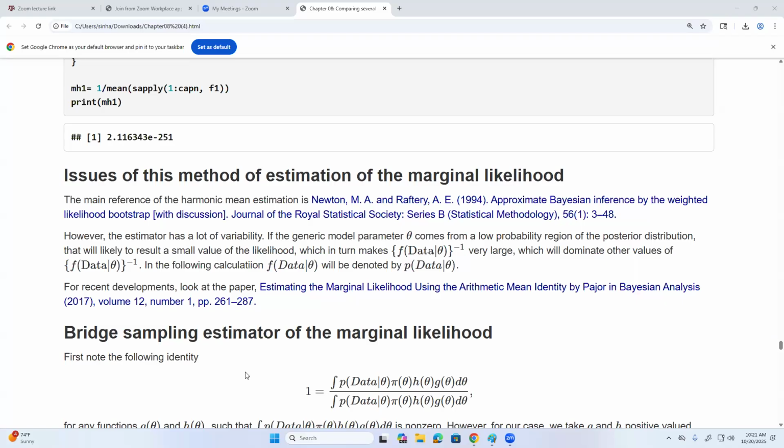And why do we talk about bridge sampling estimation? There are different ways of estimating the marginal likelihood. And as we have seen, estimation of the marginal likelihood, the key component for calculating the Bayes factor or for finding evidence for a proposed model, is very difficult when you have multiple parameters.